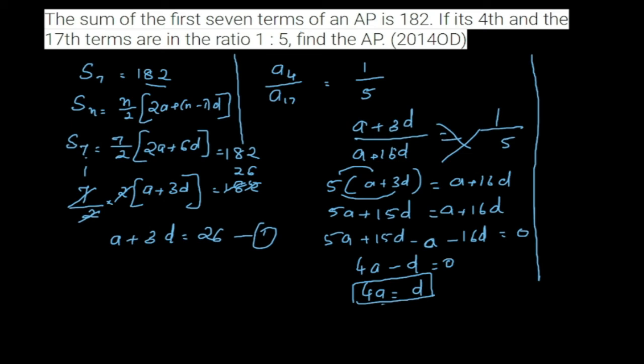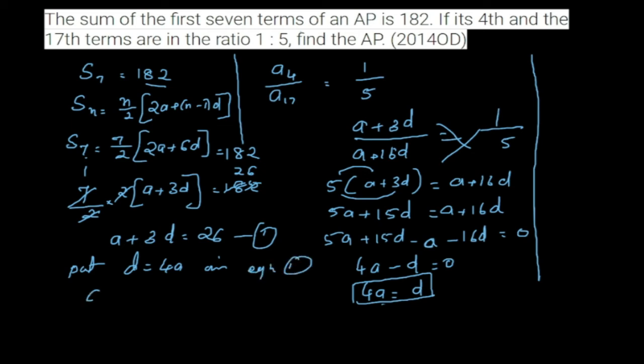So what is a plus 3d? a plus 3d is equal to 26. Put d is equal to 4a in equation 1.